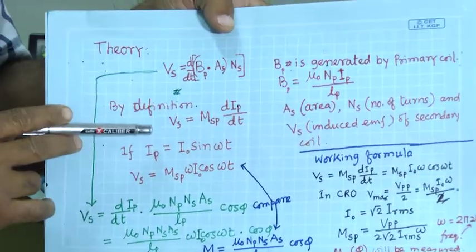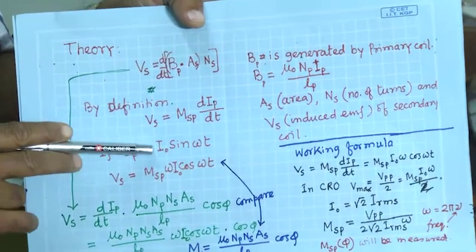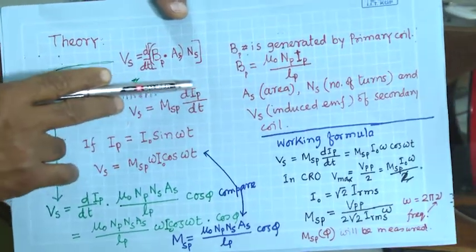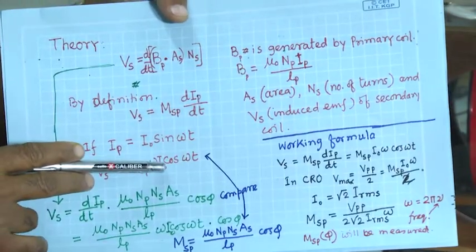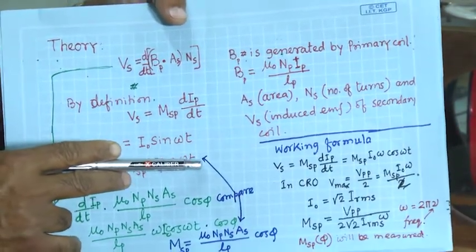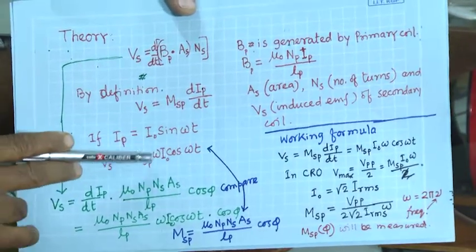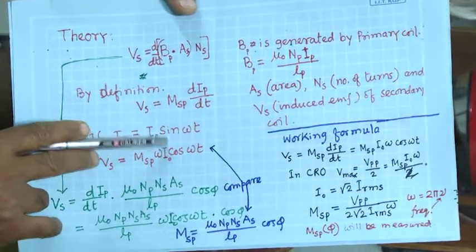If Ip takes a sine form, it will be I0 sin omega t. Differentiating it gives omega I0 cos omega t. So Vs will be MSP times dIp by dt, which gives this.